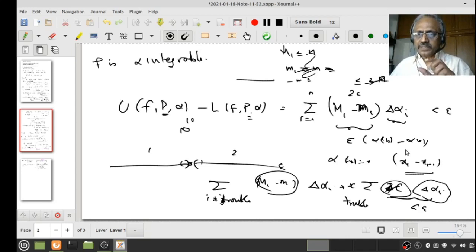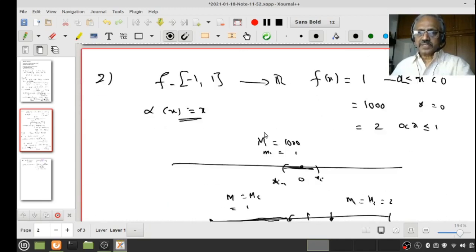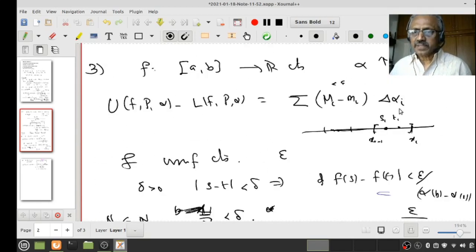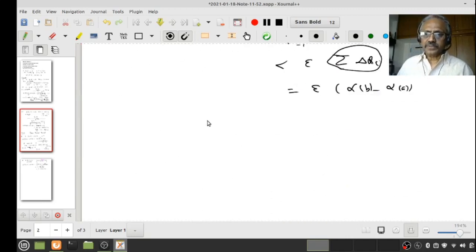Or if any subinterval is a troublemaker, then what should I try to control? I should try to shrink the subinterval, that is, delta alpha i should be small. In the step function case we achieved the second point, whereas in this case all subintervals can be made nice. Please pause, review, proceed.